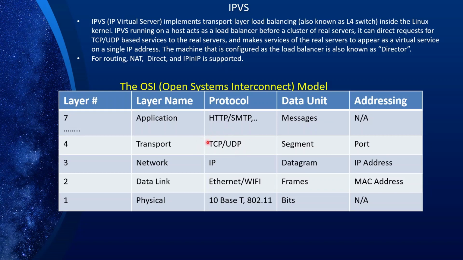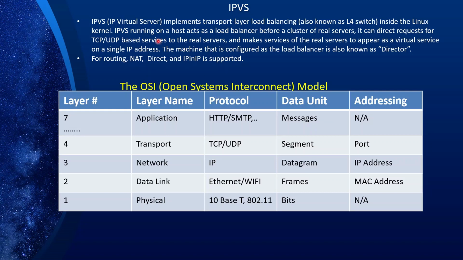So basically ipvs provides load balancing at this layer. Keep in mind that there are also load balancers such as Nginx that operate at layer 7. However, in terms of raw performance, this always beats this. So that's why it's being used by Kubernetes behind the scenes.